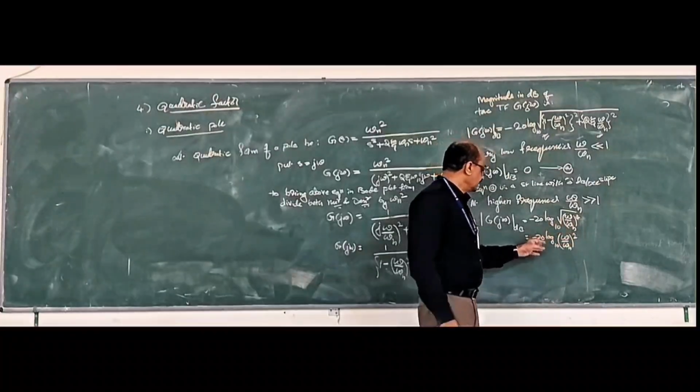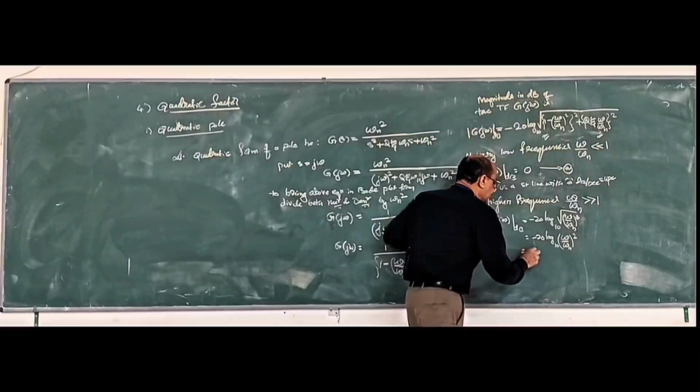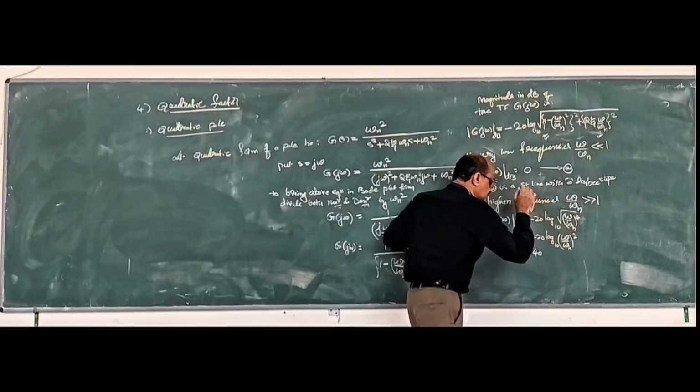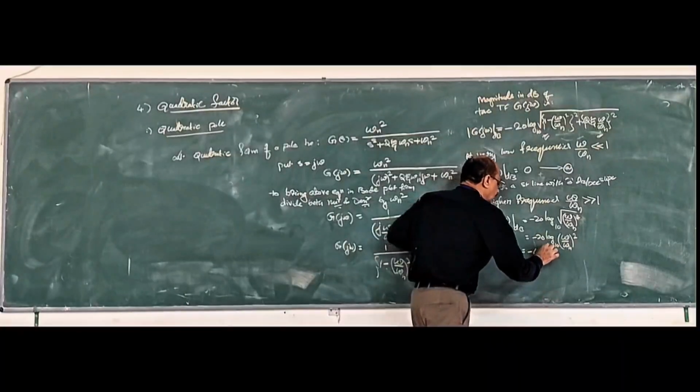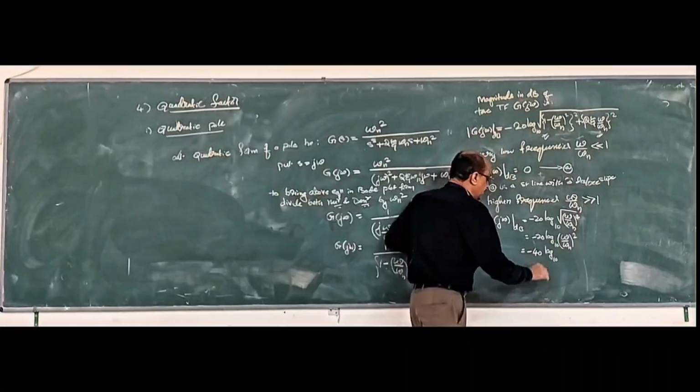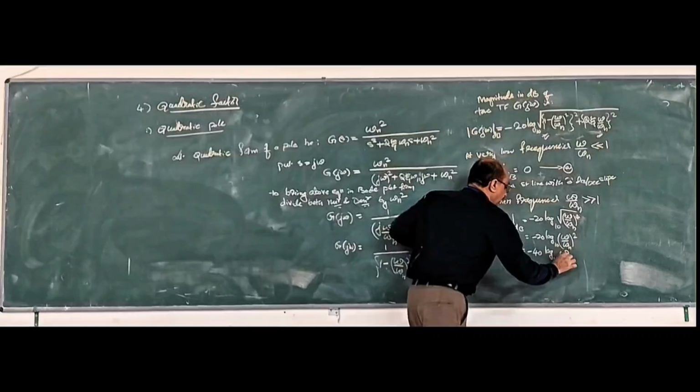So then it becomes minus 40 log 10 omega by omega n, as per the law of log.